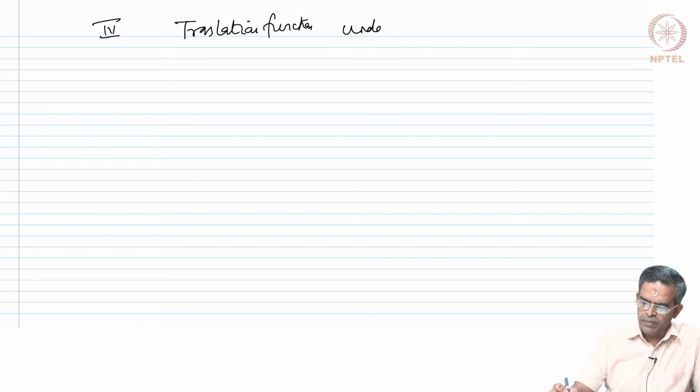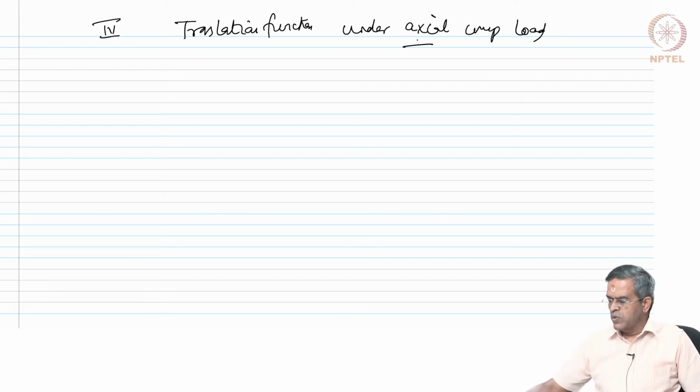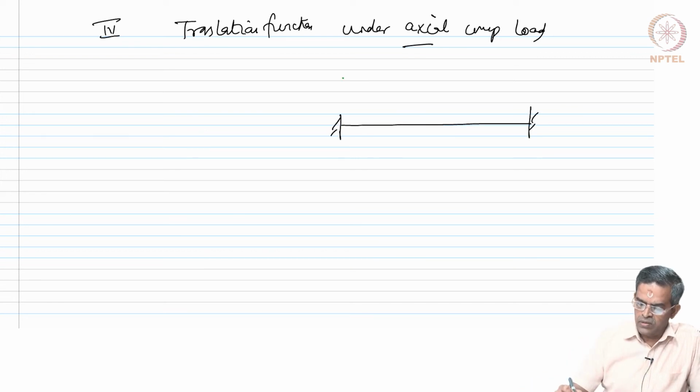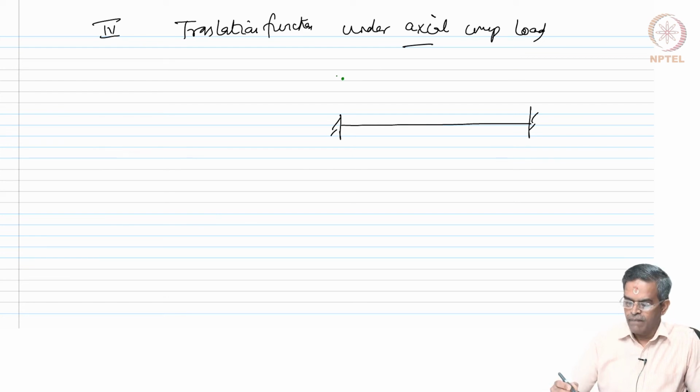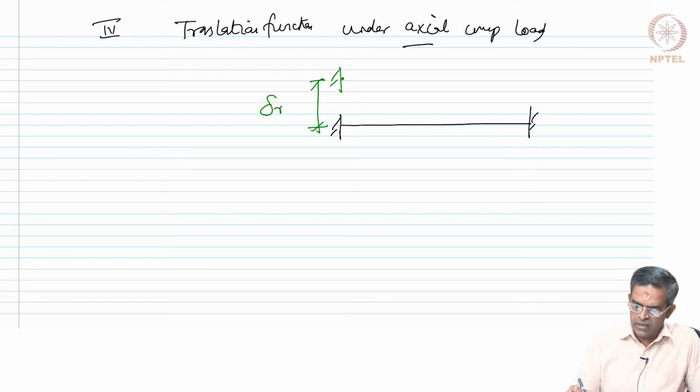Let us say under axial compressive load. How do you get a translation coefficient or translation function? Initially, I will have a beam, both ends fixed. I will give unit translation to this end. The beam will move here. This will be unit translation. I call this delta R unity.